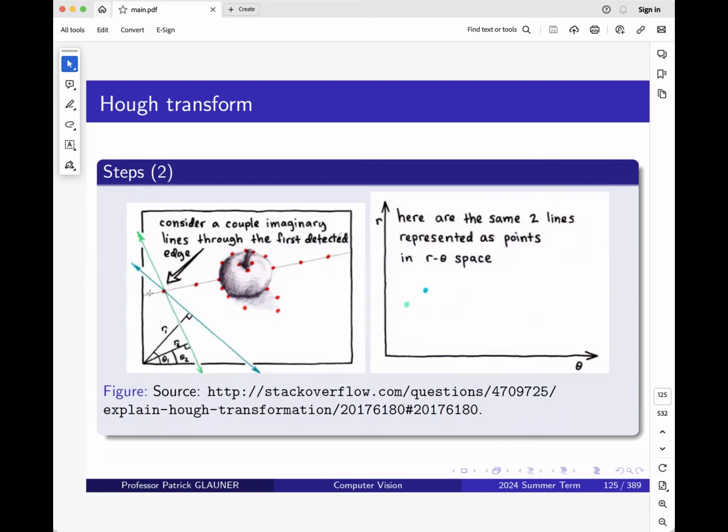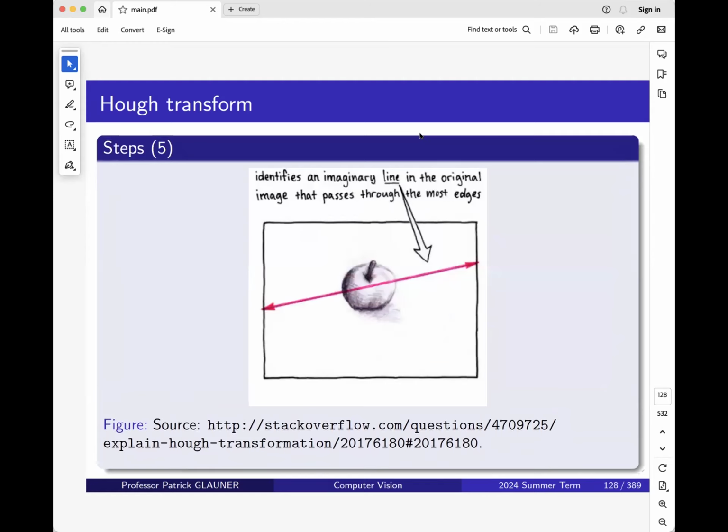So for R and theta, you're actually describing this straight line. So from R and theta, you can directly, with this 90-degree angle, infer the line and you can visualize it. So overall, that's quite straightforward. So this is the Hough transform.